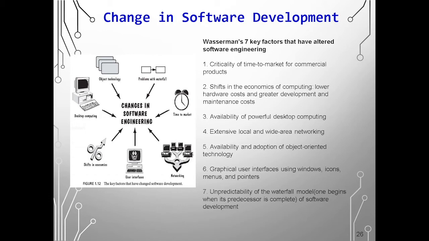And then number 3 is the availability of powerful desktop computing. As we all know, most of us at home have computers that are more powerful than anything software engineers 30 years ago could have imagined.